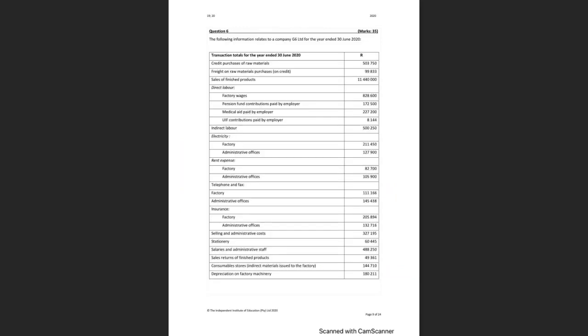So the first note is going to be your direct material note, and let's do it on this page at the bottom. Actually, let's move it a bit onto this side so we have space if we are doing another one.